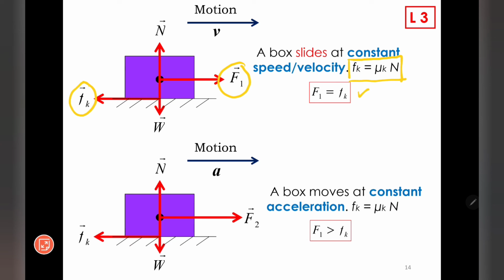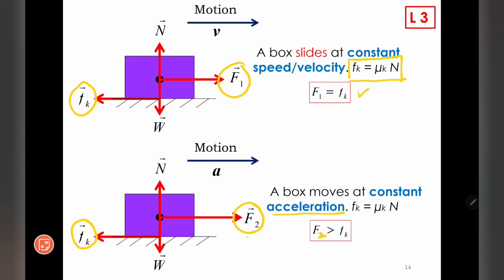Alright, and then for the second example, a box moves at constant acceleration. Before this, the object was moving at constant speed or velocity, but now the object is moving under constant acceleration. So in this case, the force exerted on it is F2, where F2 is greater than F1 before. Then this is the kinetic frictional force exerted on it, still in the opposite direction of the force exerted on it. So in this case, F2 is greater than Fk.